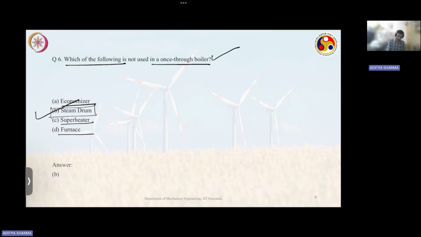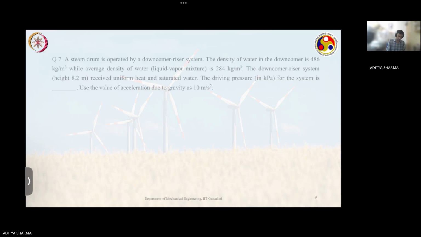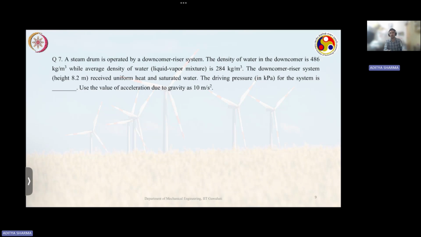All right, then moving on to the next question. This is a numerical type of question. Please have a look at the question first, then we shall solve it.